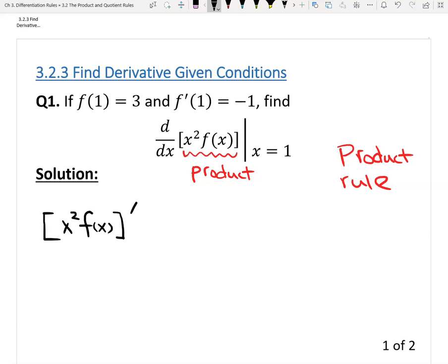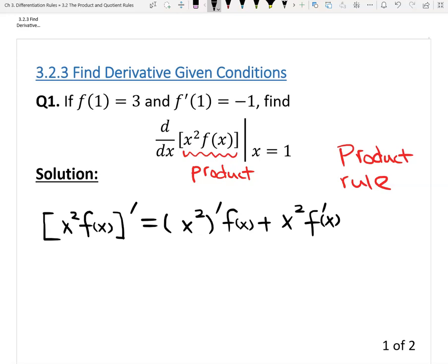I am going to find the derivative function first. This is the product rule. We just use the product formula: the first term takes a derivative, the x squared takes a derivative, times f, plus the first term times the second term taking a derivative.